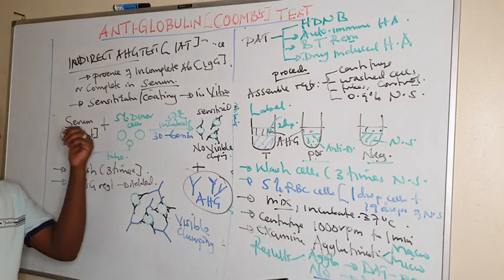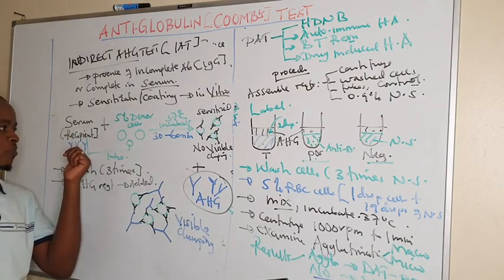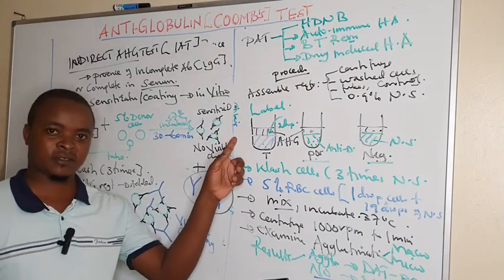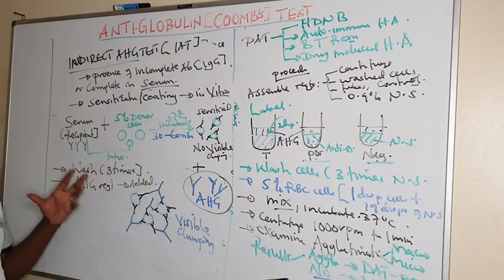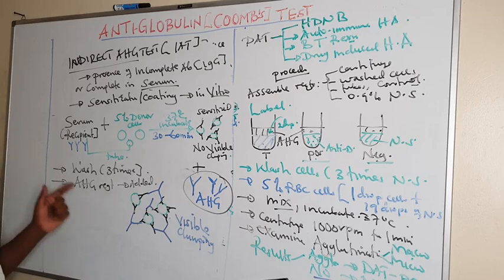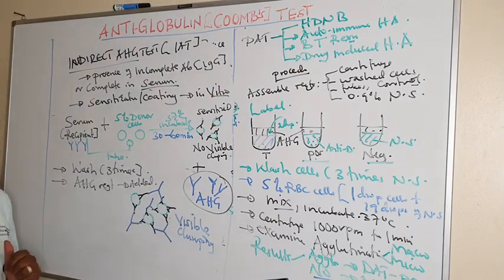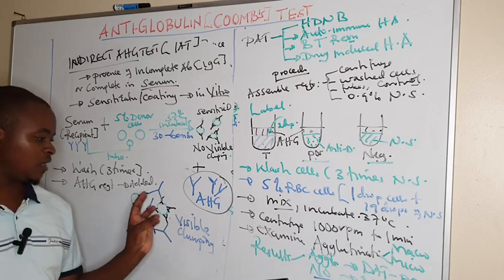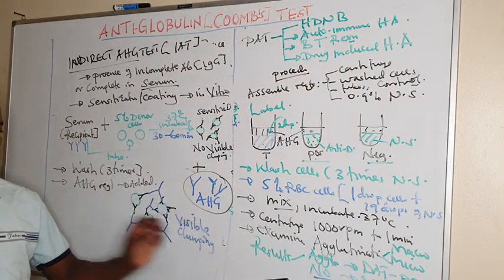If this serum from the recipient contains incomplete antibodies or complement, during incubation they are going to sensitize the cells. After incubation, you wash 3 times, and after washing, you add an equal volume of anti-human globulin reagent. It is going to cause cross-linkage, producing visible agglutination.